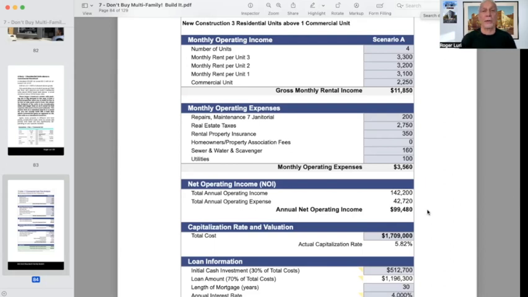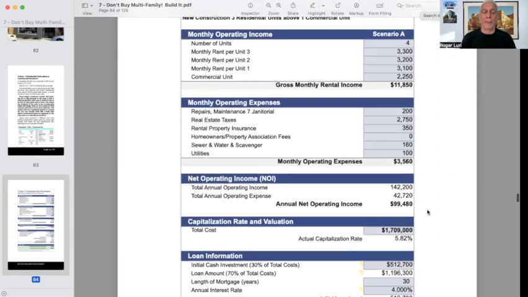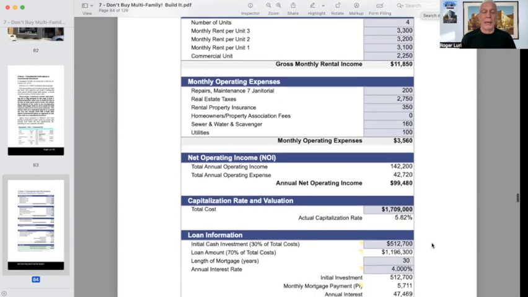So right around $100,000 in net operating income from this property, right? Well, at a total cost of $1,709,000, that gives us a cap rate of 5.82%. And that's a pretty good cap rate for a brand new building. That's all, you know, with brand new, everything new here, right?